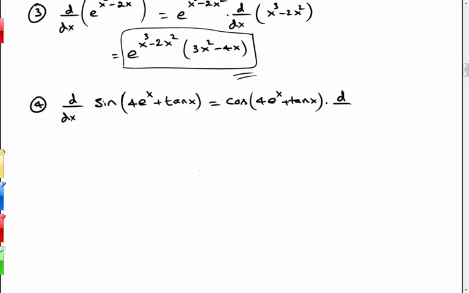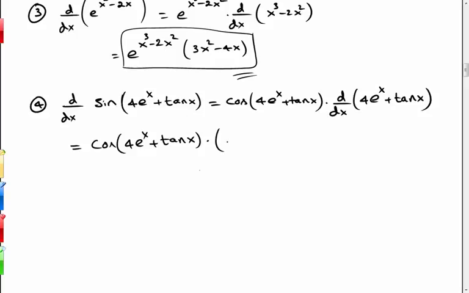But according to chain rule, we need to multiply this by the derivative of 4 e to the x plus tangent x, which turns out to be the derivative of 4 e to the x. Since 4 is a constant multiple, we can pull that outside of the derivative, and so the derivative of e to the x is e to the x, so 4 e to the x, plus the derivative of tangent x is secant squared x.